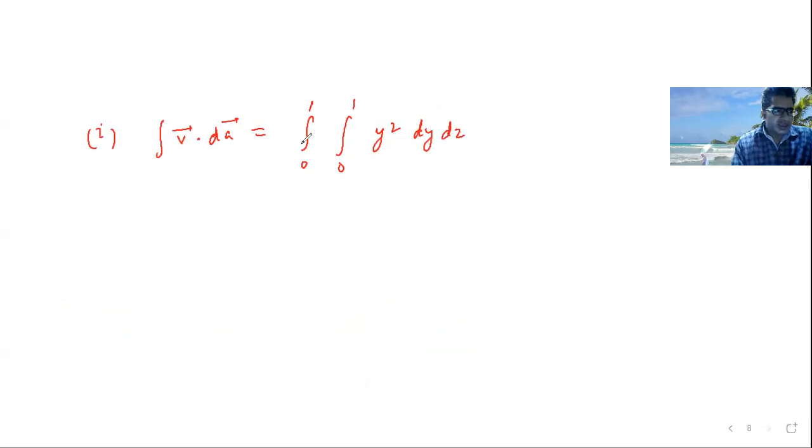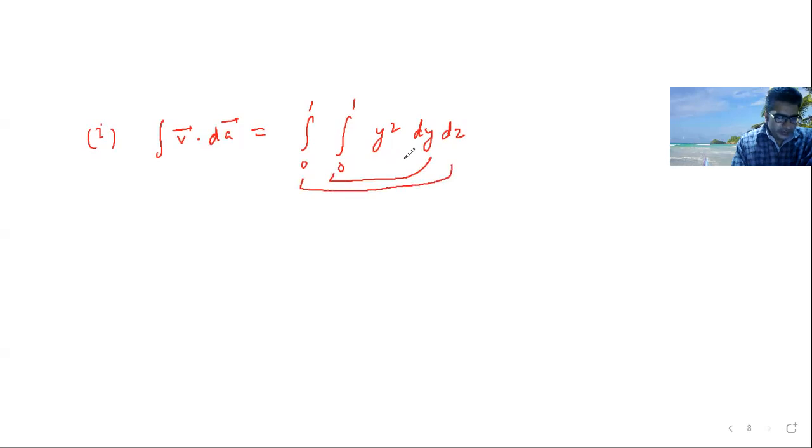Y square is the x component of the vector field. dA was pointing along positive x direction, so I have to dot it with that. dA is dy dz I cap. I have to dot it with the x component of V, which is y square. The limits on y and z are 0 to 1, because the cube is placed at the origin, and I have to move from 0 to 1 along y direction and 0 to 1 along z direction. When I solve this integral, first I evaluate this piece, then this piece.